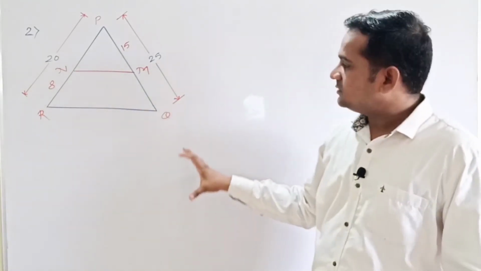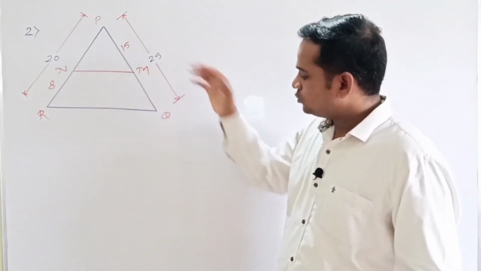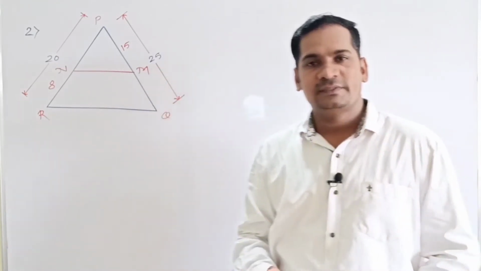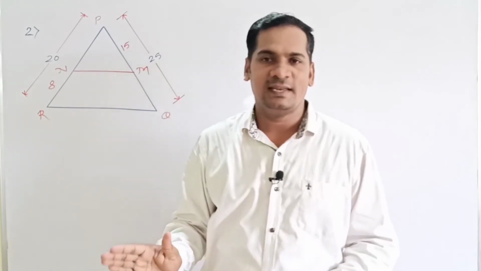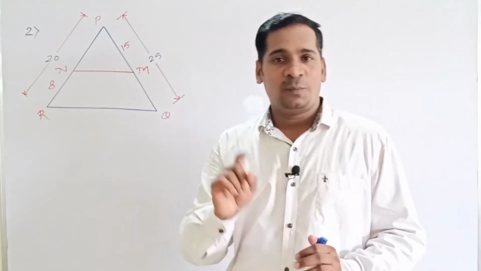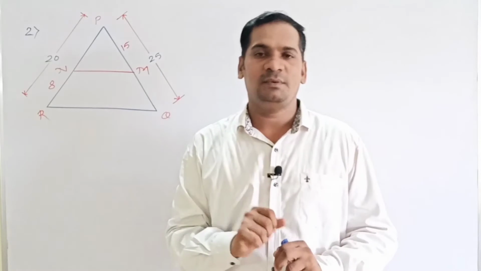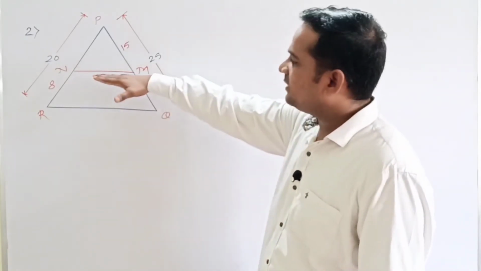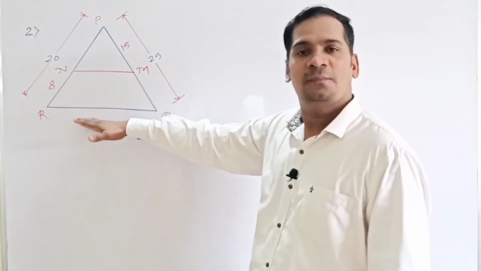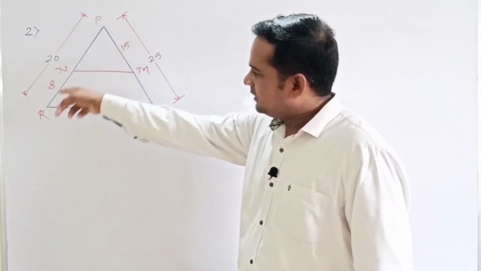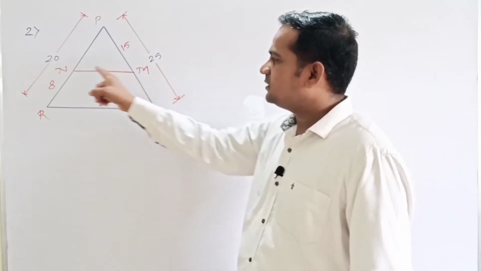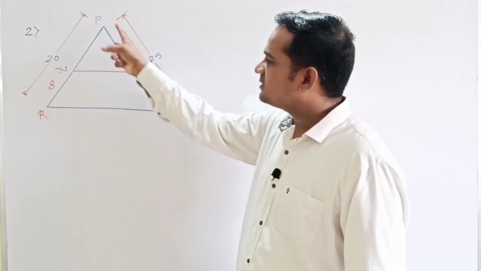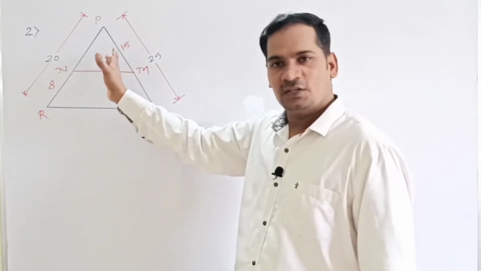Now to show that NM is parallel to QR or not, we have to use the converse of the basic proportionality theorem. First of all we will just discuss what is meant by the basic proportionality theorem. Now what is that theorem? If a line parallel to a side of a triangle intersects the remaining two sides in two distinct points, then the line divides the sides in equal ratio.